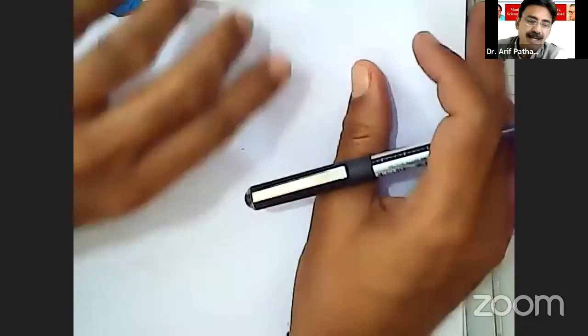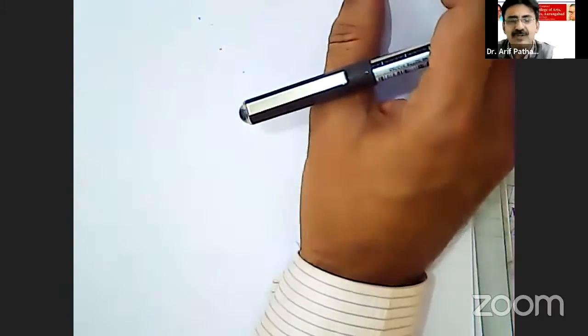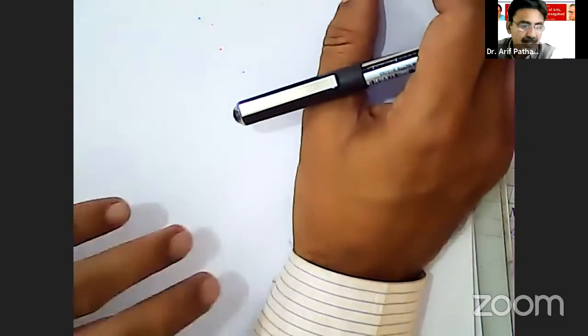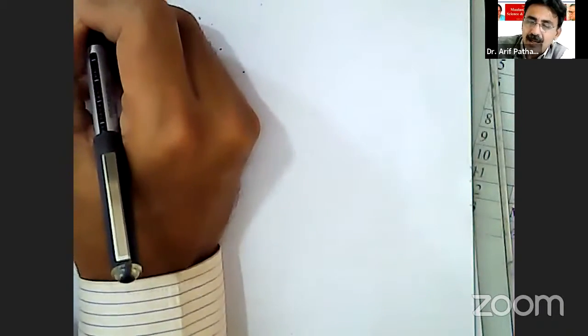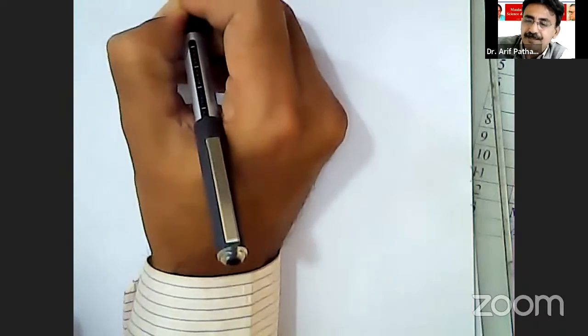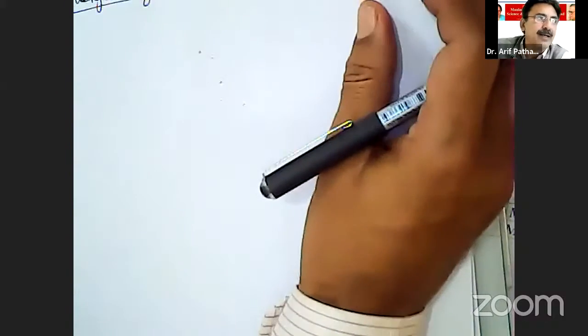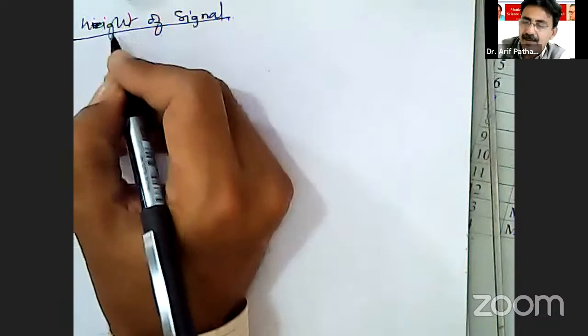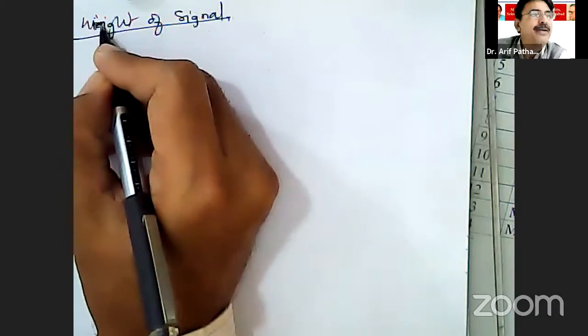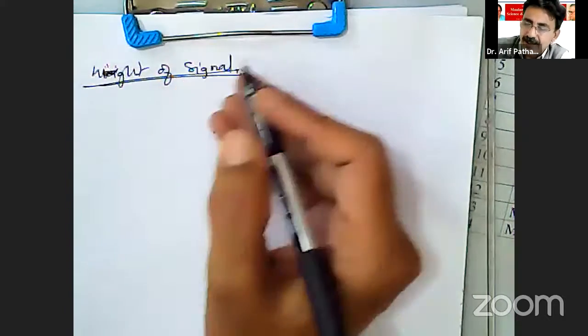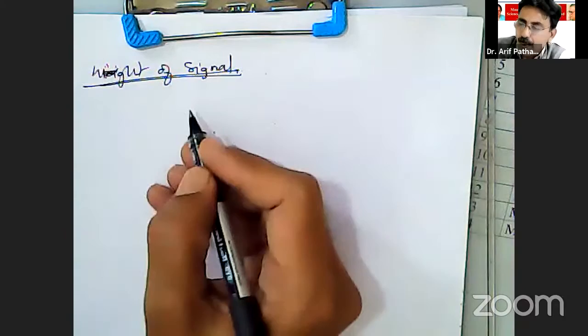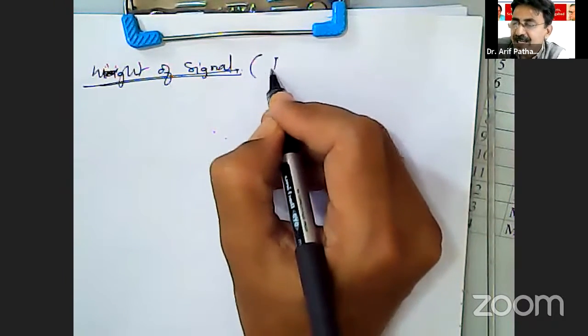Then next, the second point which we have to see is the height of the signal, or you may see here the integration curve.